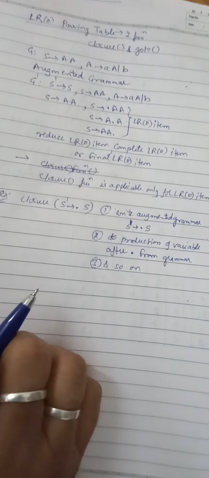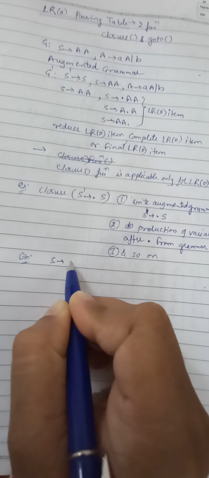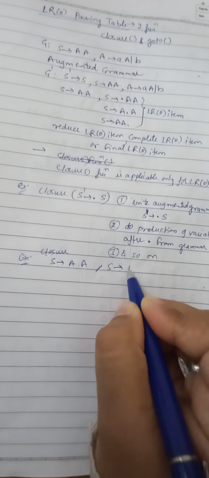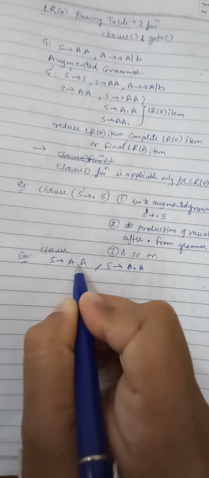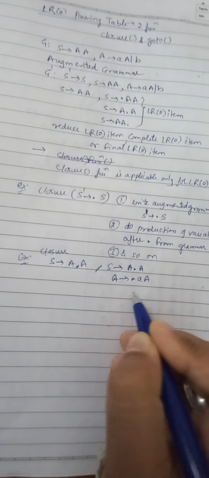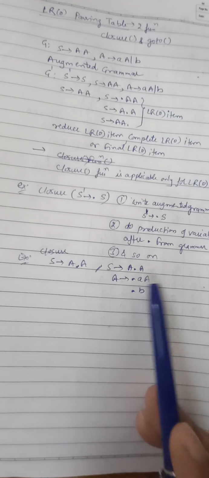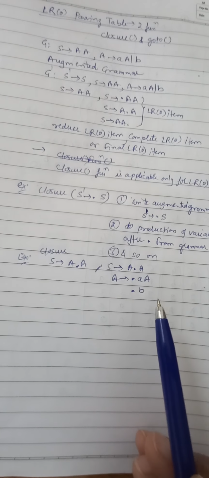So suppose we want the closure of S tends to A dot A. How will we calculate it? S tends to A dot A is given. After that, whatever the variable is, we put dot AA or dot B. These two productions we have, A tends to AA and A tends to B, and like that we calculate the closure.